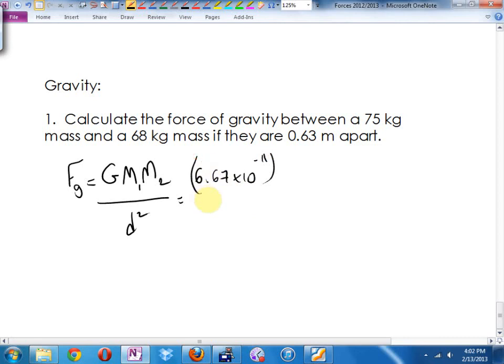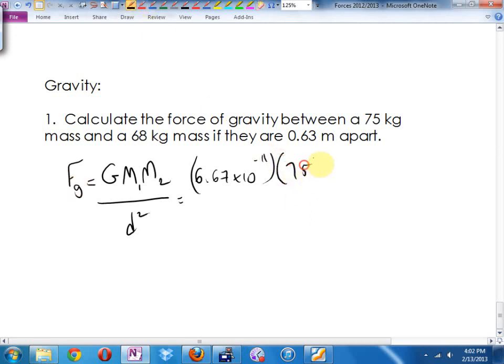Okay. Don't confuse big G with little g. Little g is the gravitational field or the gravitational acceleration on the Earth. It's 9.8. Big G is Newton's universal law of gravitation. That's the number that we have to multiply kilograms times kilograms divided by meters squared in order to get Newtons as an answer. And it's 6.67 times 10 to the negative 11.